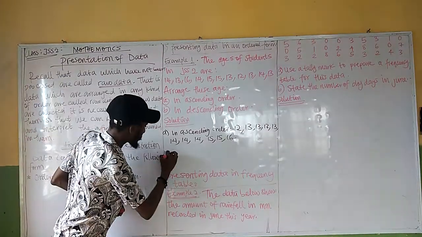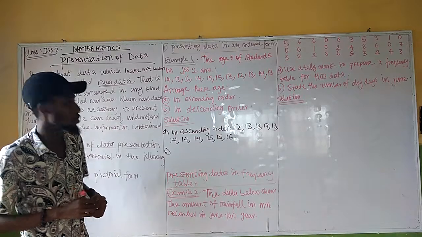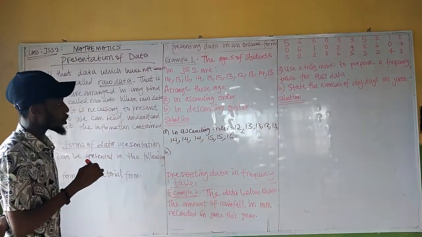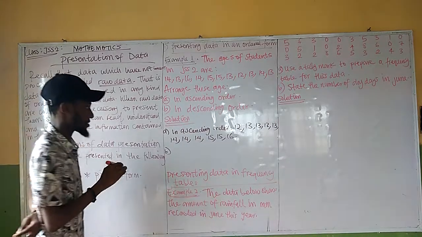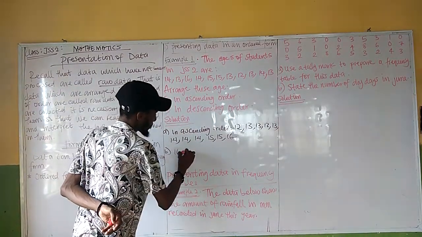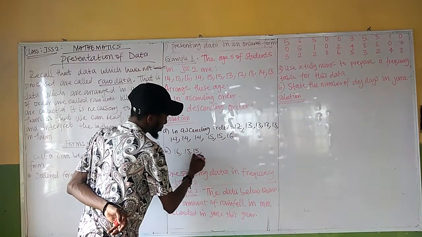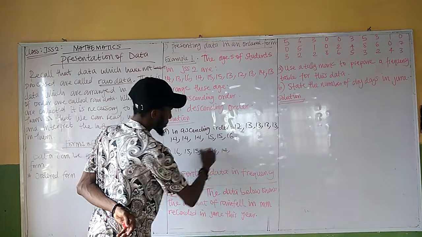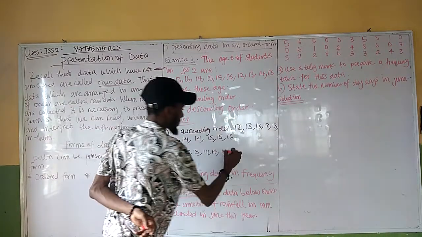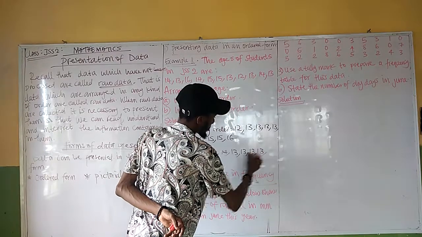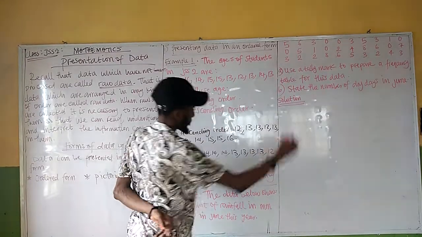Then arranging it in descending order, you are starting from the highest. So starting from the highest, you say 16, followed by 15, 15, followed by 14, 14, 14, then followed by 13, 13, 13, 13, then you have 12.